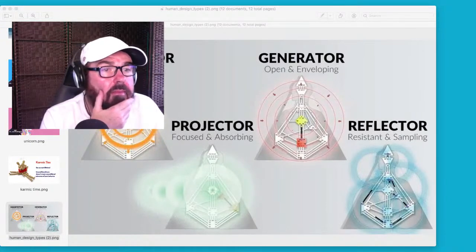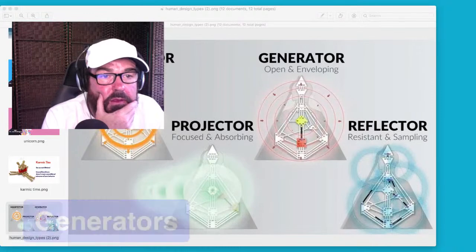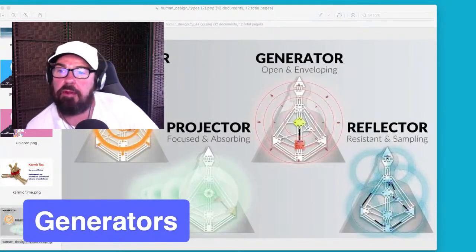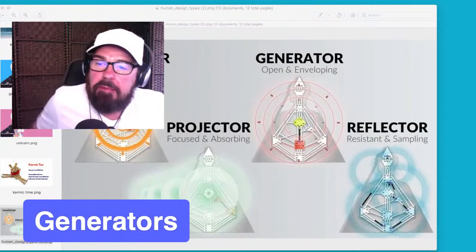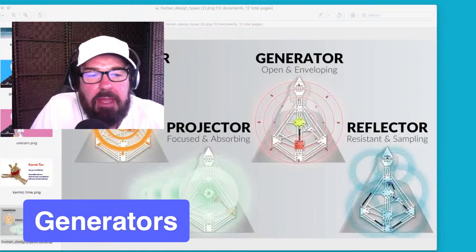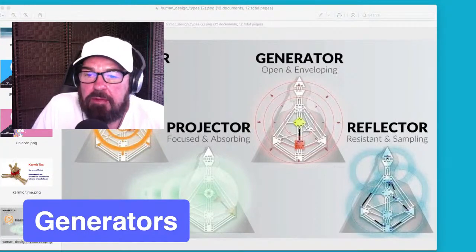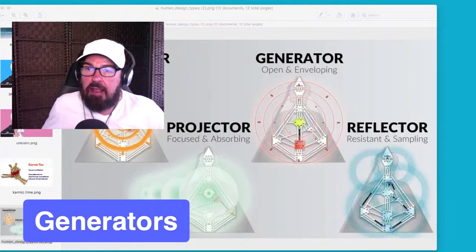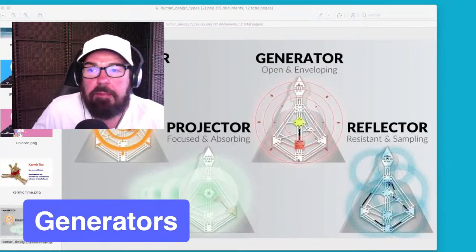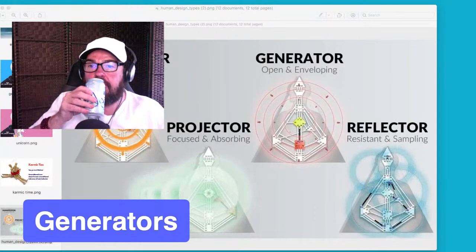Oh, I see. There we go. There's the generator. 70% of the world. So 70% of the population are generators. The generator family, 35% manifesting generator, 35% generator. They generate the life force energy. No life, there'd be no life on the planet without the generators and the manifesting generators.